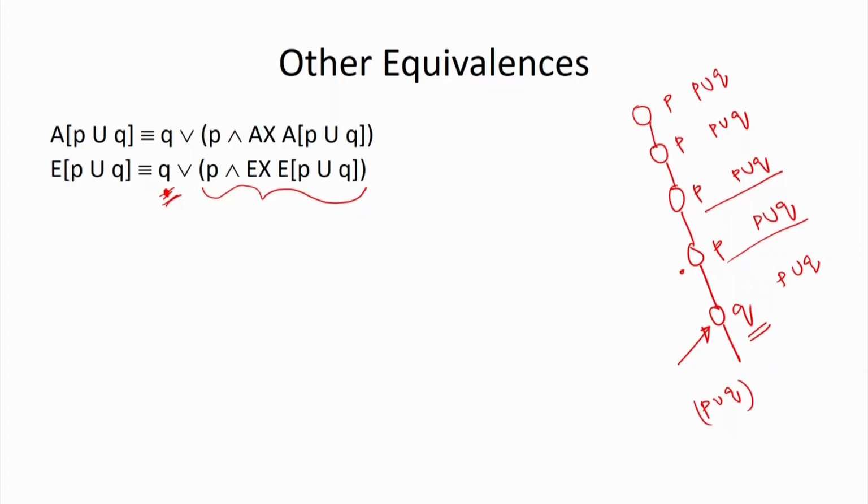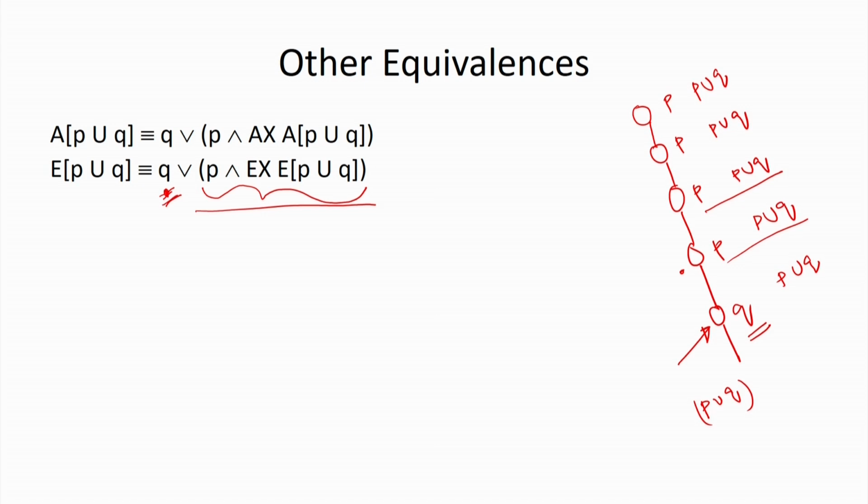So, in this particular equivalence, what we are saying is that E P until Q will be equivalent to Q, if Q is true in that particular state itself, or it must satisfy the other condition: P must be true in that particular state and there exists a path in the next state where E P until Q is true. Okay.